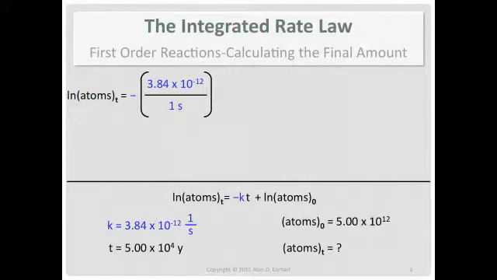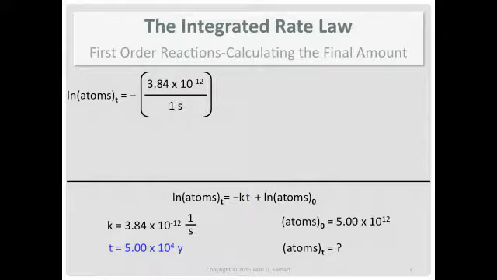We'll put in our rate constant. Don't forget, it's minus the value of the rate constant. A reminder, you can't have negative times. If you're going from initial to final concentration, that has to decrease. So keep those things in mind when you're looking at your final answer. We've got the time in years. Oh, shoot.